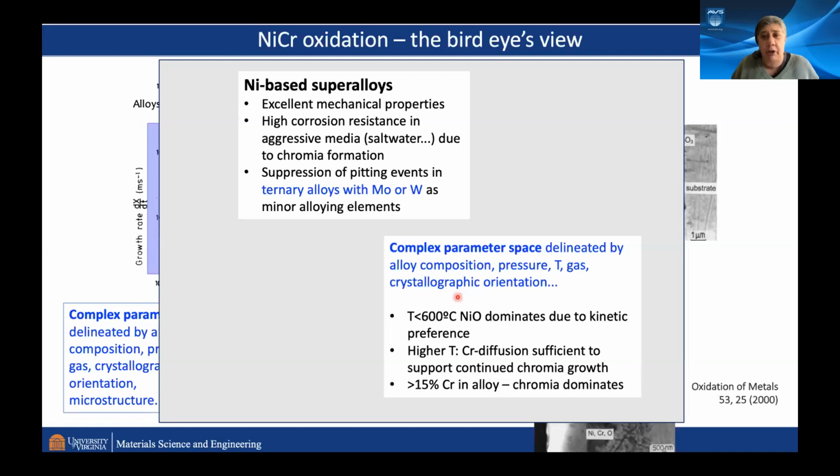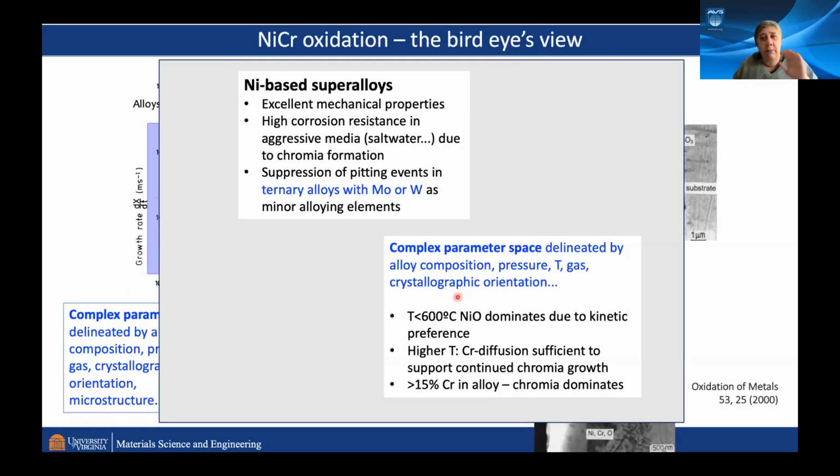Thermodynamically, they should not. You should never see nickel oxide. But if you're under conditions like 500-600 Celsius, maybe below, maybe an alloy which doesn't have a very high chromium concentration, you have a competition between the two. So the question is, how does that competition play out? Because that gives us important ideas on how to control and push the oxidation process in one or the other direction.